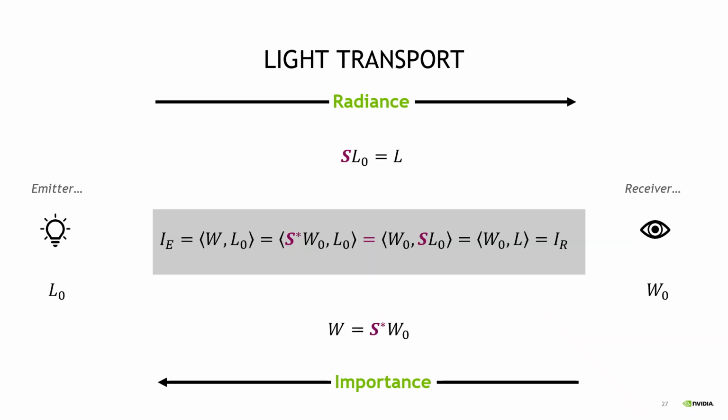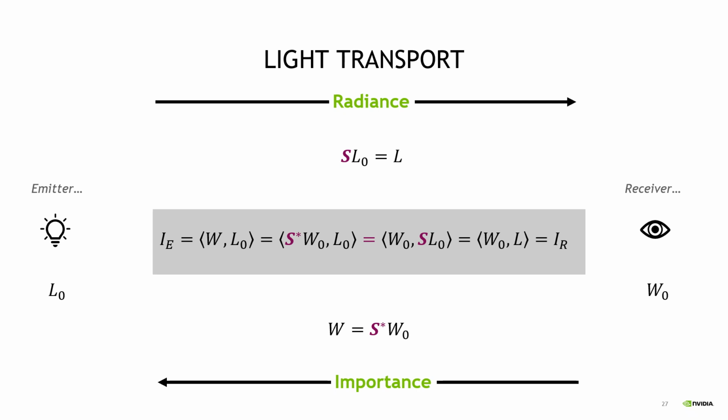And what we're interested in is a measurement of the radiance. So usually to get a measurement, let's say at the receiver, we convolve the radiance with some filter W0, which we said was the source for the importance. And again, by the definition of the adjoint operator, we can compute this intensity either at the receiver or at the emitter.